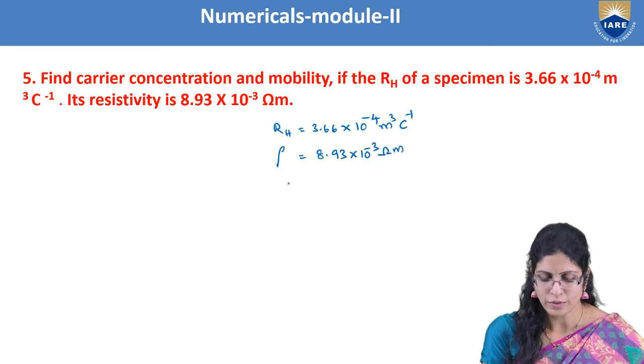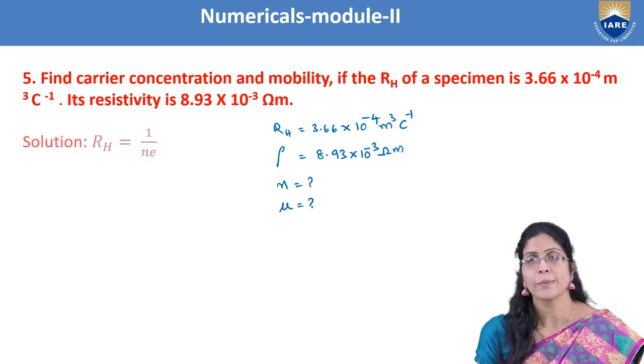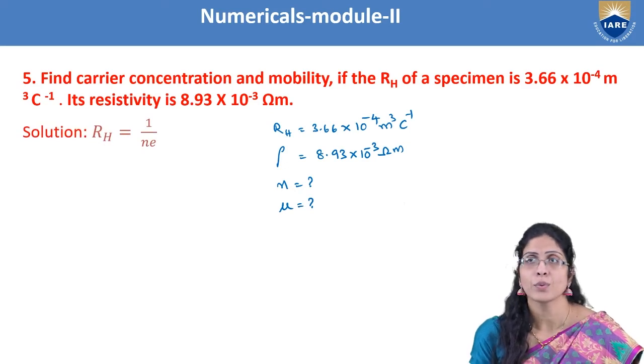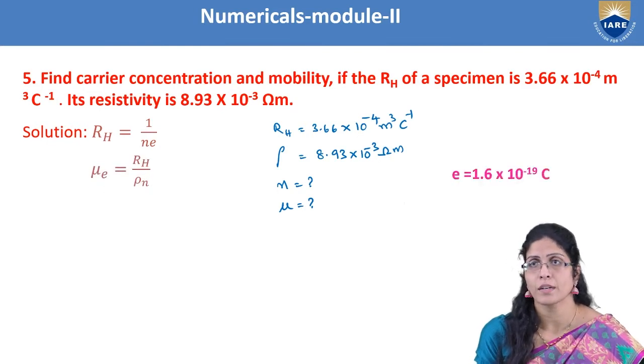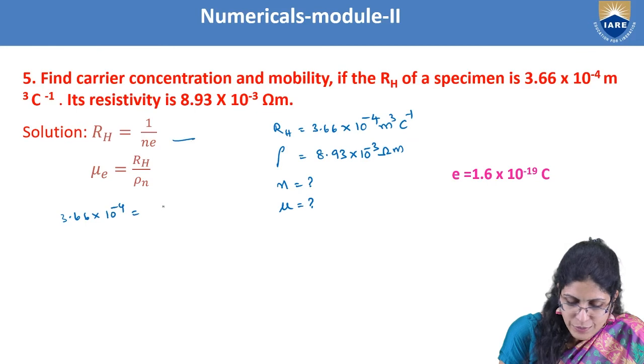What you should find out? N you need to find out, and mobility you need to find out. And you know very well RH is equal to 1 by NE, right? And you have RH, you know E, so it's very easy for you to find out. 3.66 × 10^-4 is equal to 1 by N into 1.6 × 10^-19.